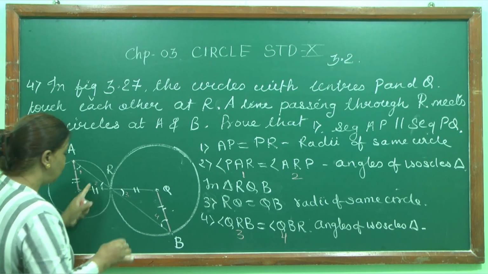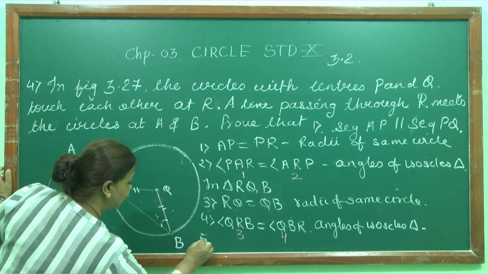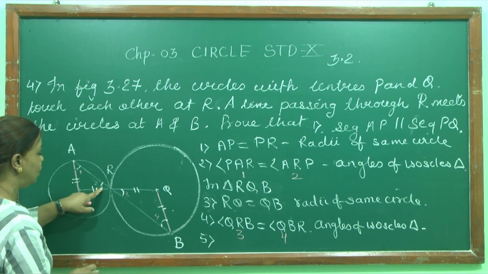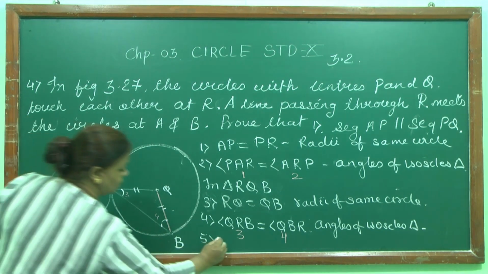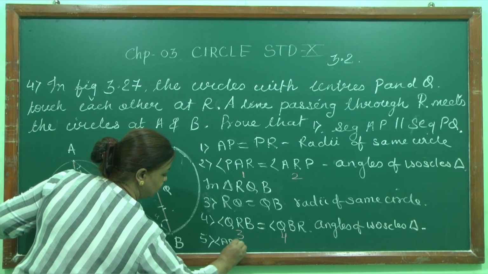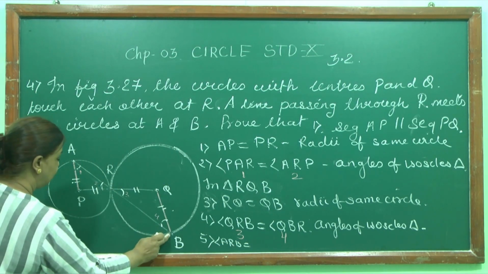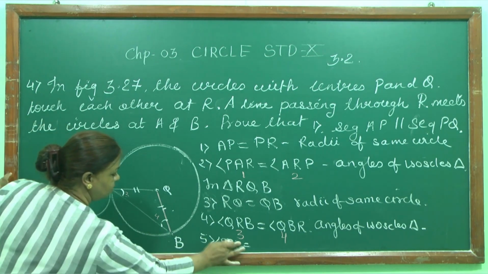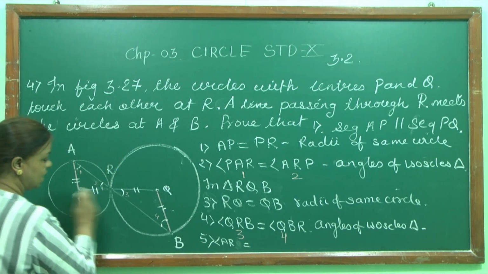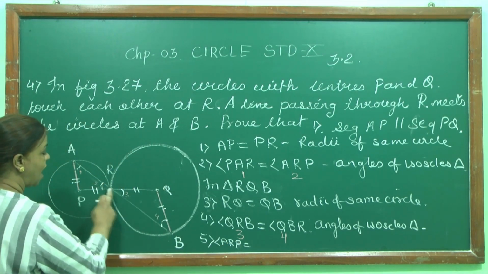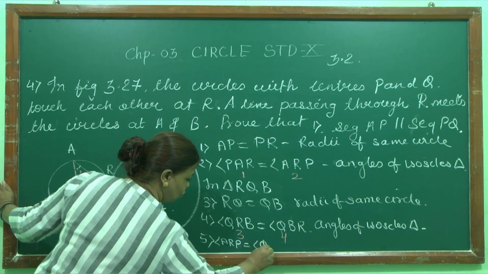Angle 2 will be equal to angle 3, vertically opposite angle. I can write fifth point: angle ARP is equal to angle QRB.